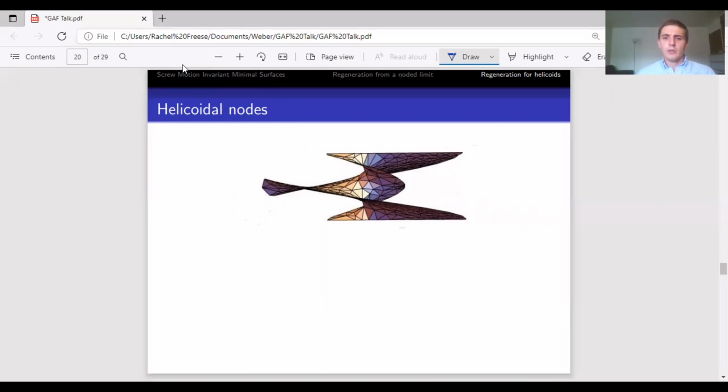And right, with these surfaces, we're always quotienting by a translation or a screw motion. In this case, it's screw motion, right? So this sort of actually gets identified with this, right? And you can see if you just look at this portion, this would be an annulus, right? So it's still an annulus.